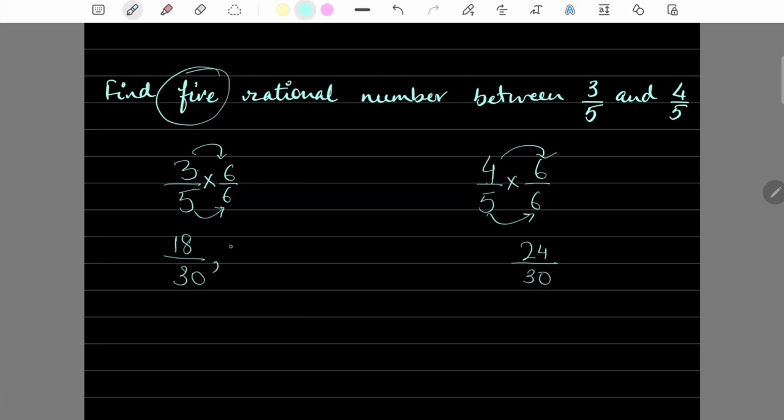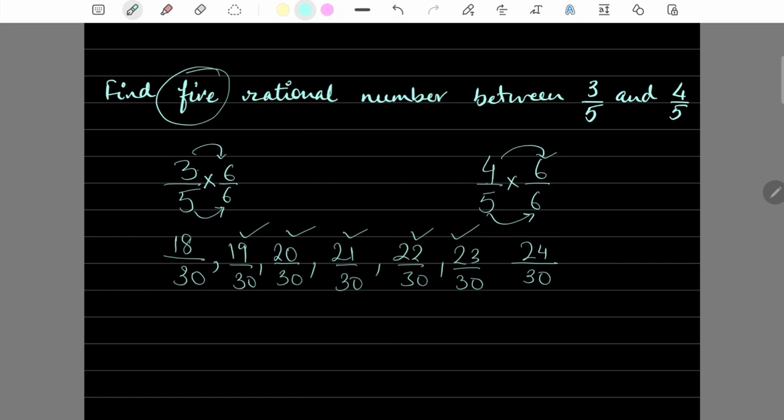Now we have numbers in between: 19 over 30, 20 over 30, 21 over 30, 22 over 30, and 23 over 30. So we have 1, 2, 3, 4, 5 rational numbers between 3/5 and 4/5. This one is 3/5 when you simplify, and this one is 4/5 when you simplify.